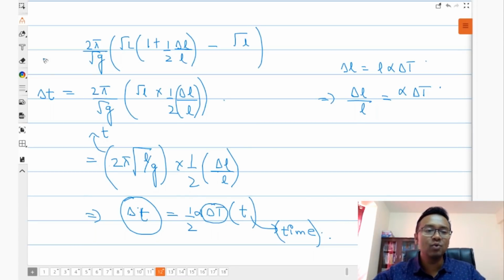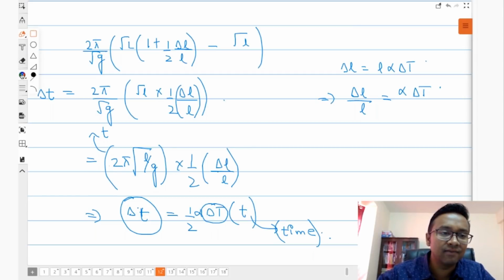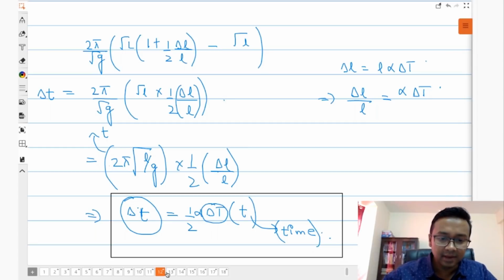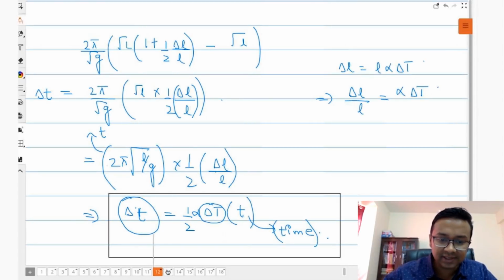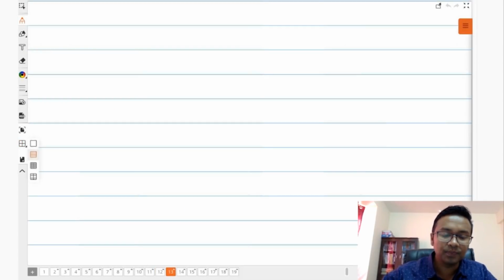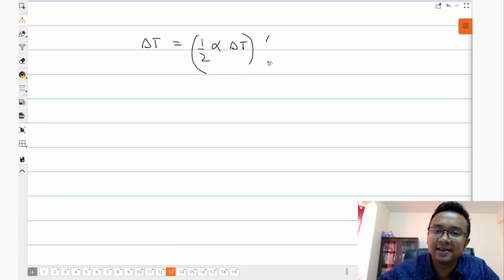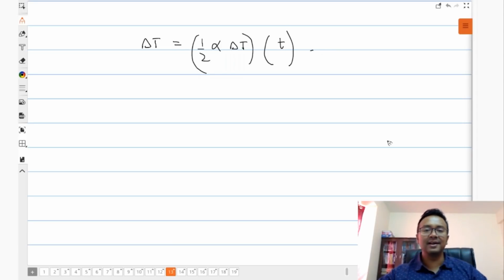Let us go ahead and analyze this formula out here. That is important. So we get a formula which is delta T is equal to half alpha delta T into T. Clear?